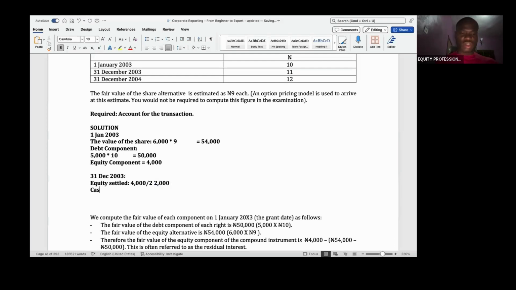The one that is cash settled, which is the liability or the debt component, is measured at the end of each year. If you remember how we did cash settled, we measure it based on the fair value of the shares at the end of each year. So at the end of the first year, we take our 5,000 shares multiplied by the share price at the end of year one, which is 11.